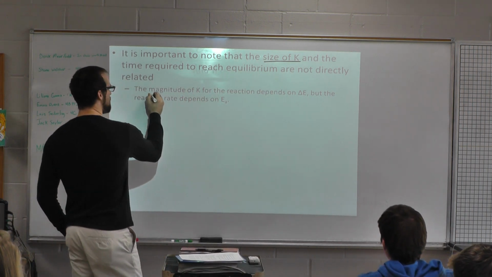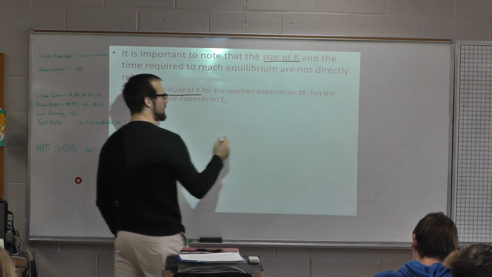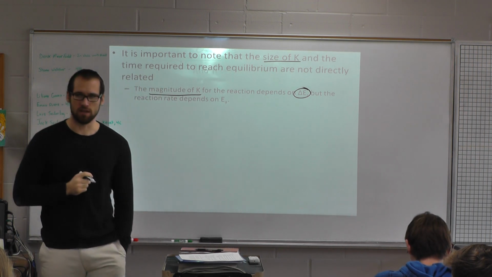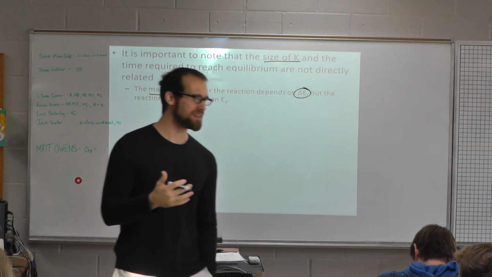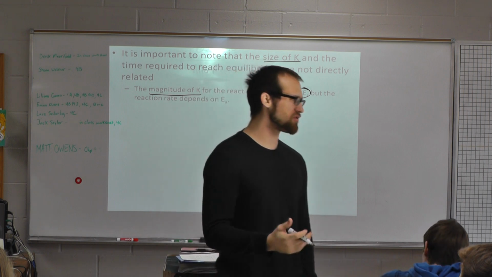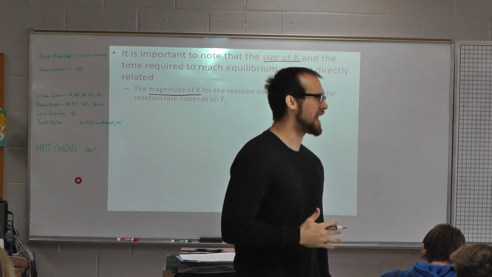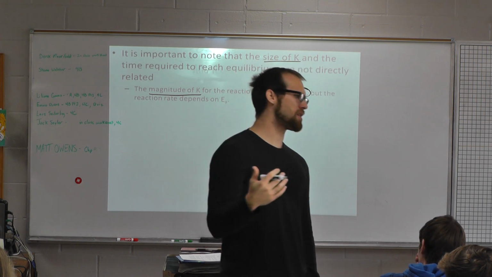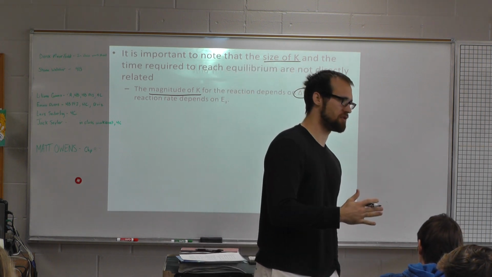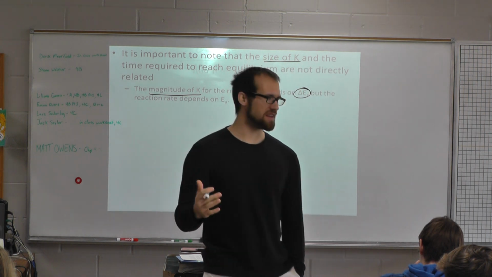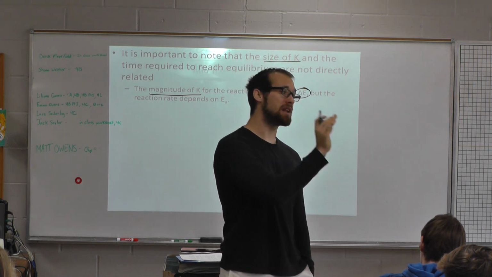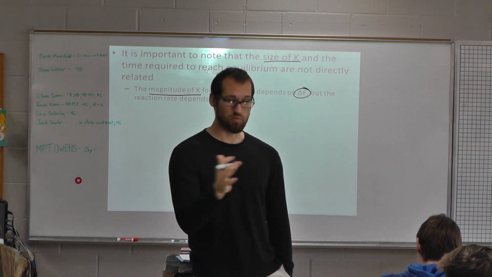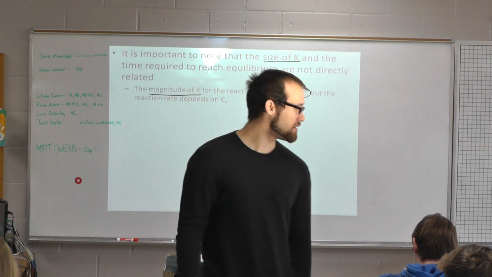The magnitude, or how big K is, doesn't only depend on this, but it depends a great deal on your change in E. For example, if you've got a really exothermic reaction, it's probably going to be heavily product favored. But if you have an endothermic reaction, it's probably going to be heavily reactant favored. However, the speed of it is not the only factor, but it is a pretty important factor when determining whether it's really favorable thermodynamically.